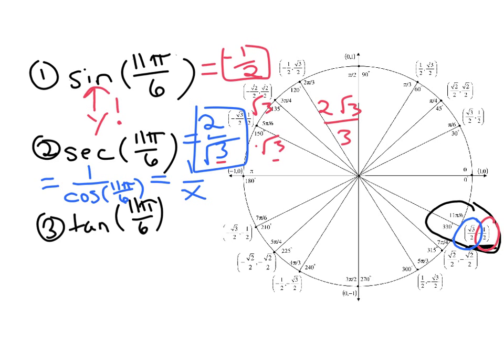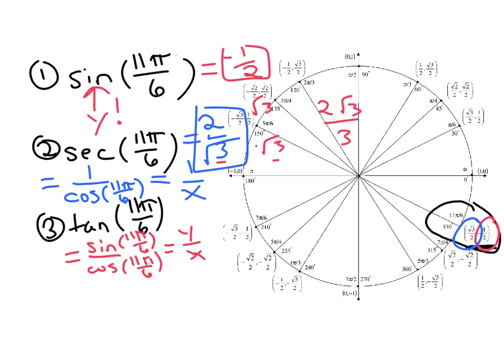Okay, number 3, tangent of 11 pi over 6. Tangent, it's nice to think through, is sine over cosine. So in this case, sine of 11 pi over 6 over cosine of 11 pi over 6. That's y over x as far as that point on the unit circle.